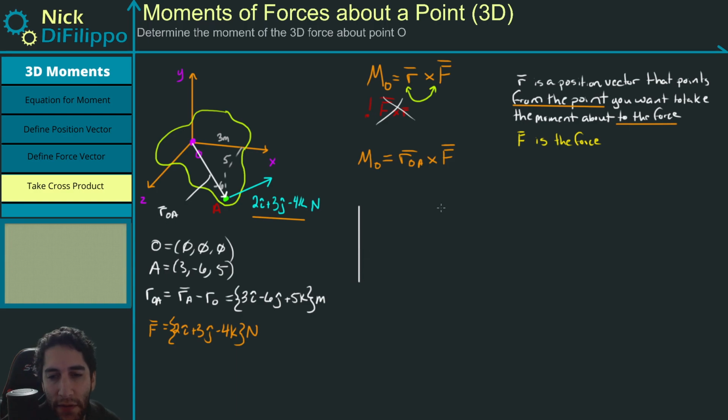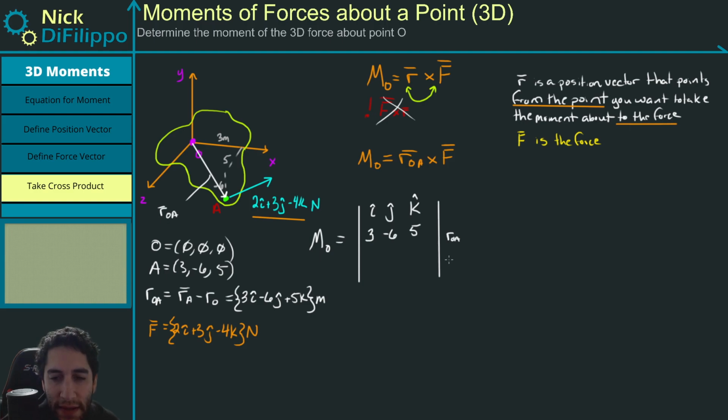I say we create a 3x3 matrix. This is going to be the moment about O. We're going to write i, we're going to write j, we're going to write k. This next row right here is going to be our position vector, r OA. So this position vector is 3i, minus 6j, and 5k.